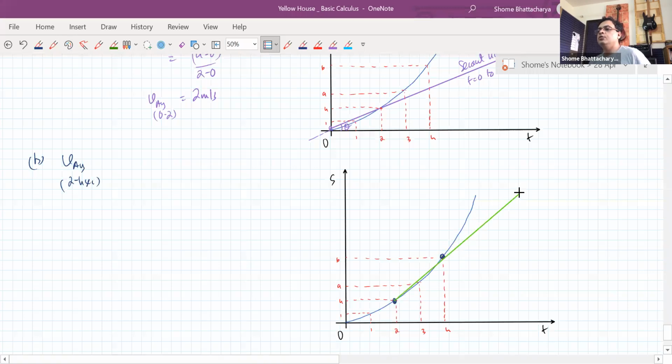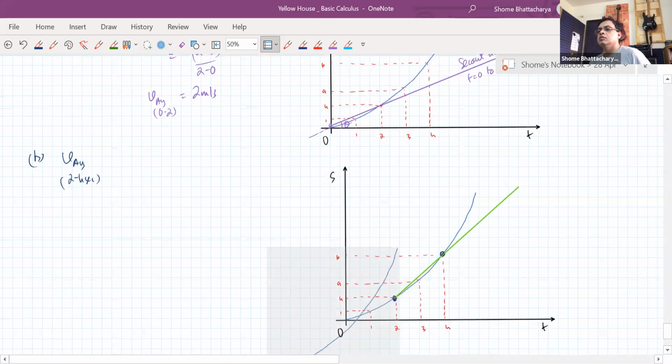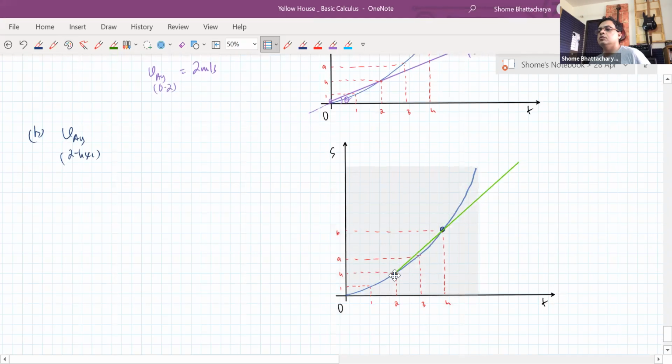I have to calculate the slope for this one. So this is my secant line from 2 to 4 seconds. Okay. So I'll have to calculate this tan theta.